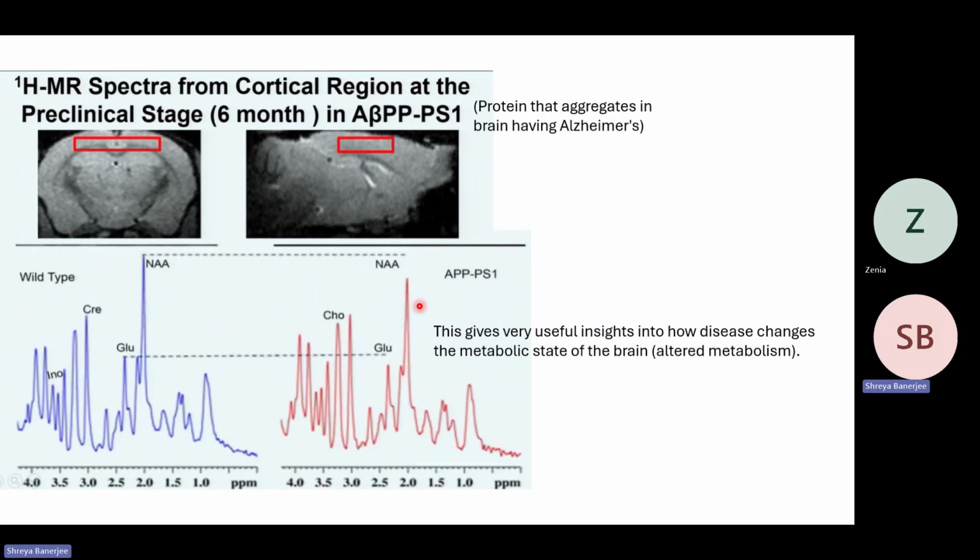NAA peak intensity is decreasing, GLU peak intensity is decreasing, and there are certain new peaks of new chemical compounds that are forming in the Alzheimer's patient. This gives very useful insights into how the disease is changing the metabolic state of the brain. So comparing the MRS spectra of the healthy patient and the diseased patient will give us an idea about that.